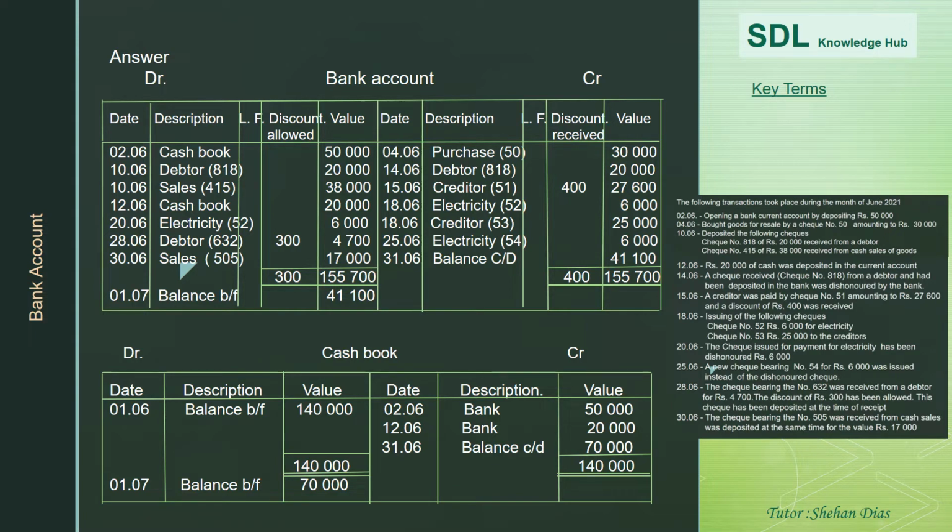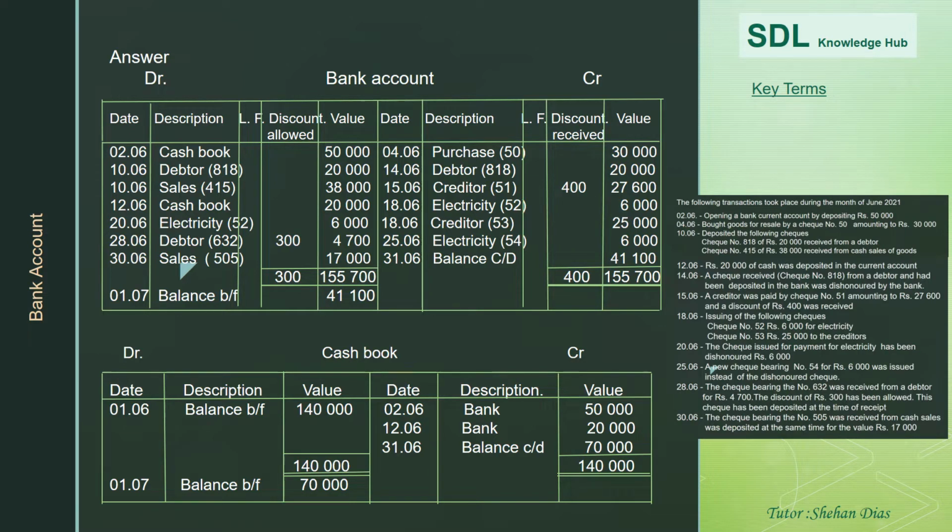Then on 14th, a check received, check number 818 from a debtor and deposited in the bank, was dishonored by the bank. So the check that was deposited in the bank has been dishonored.